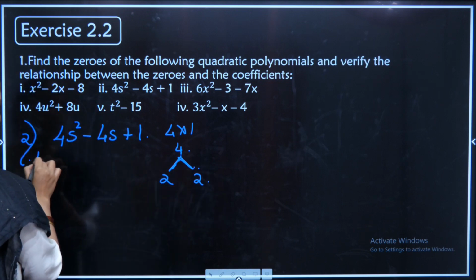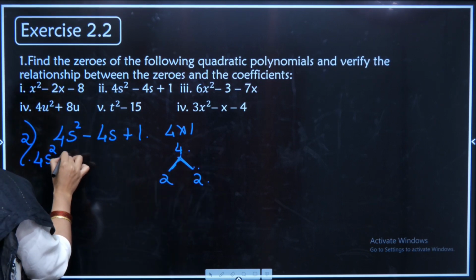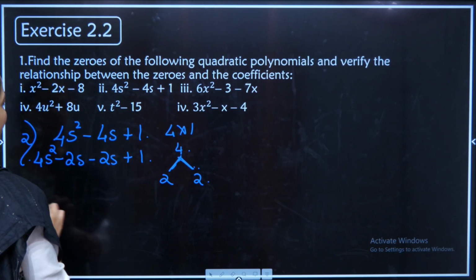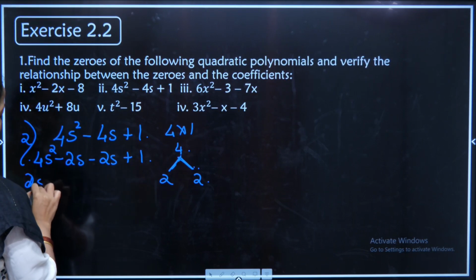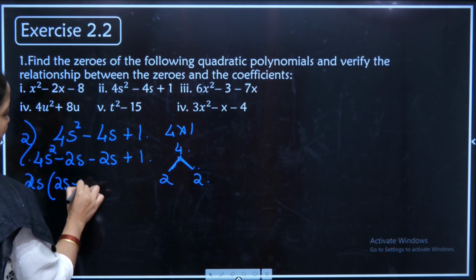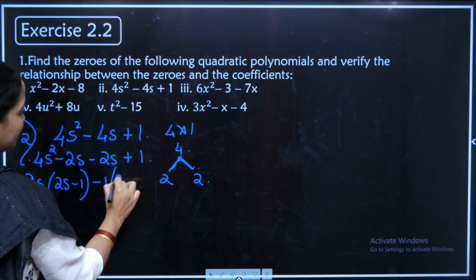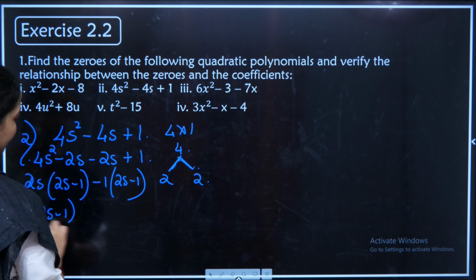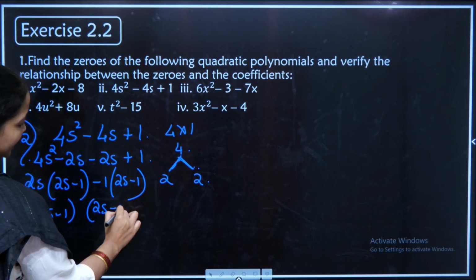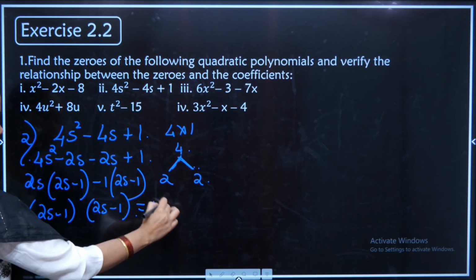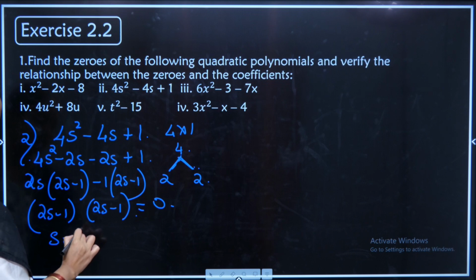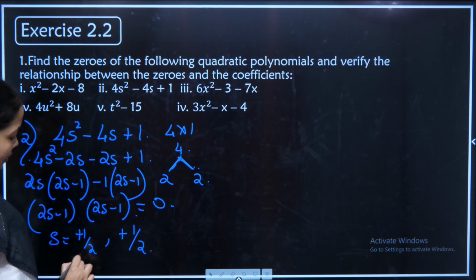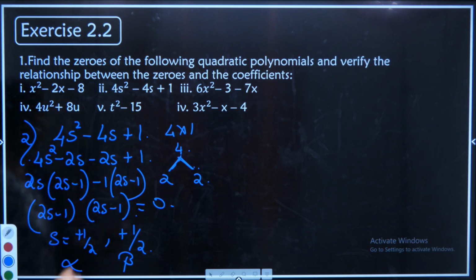So I have 4s square minus 2s minus 2s plus 1. 2s common, 2s minus 1, minus 1 common, 2s minus 1. So 2s minus 1 common, I again have 2s minus 1. Hence equating to 0, I get s as plus 1 by 2 comma plus 1 by 2. Therefore, this will be my alpha, this will be my beta.